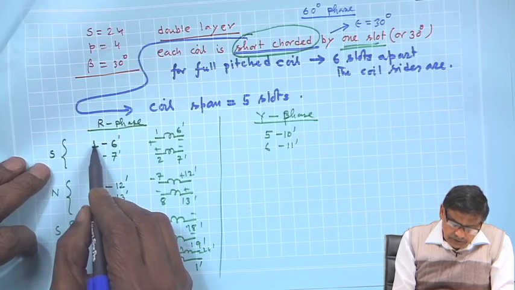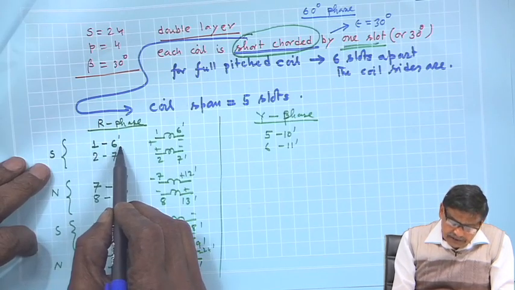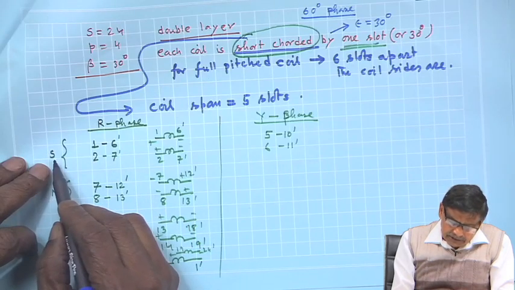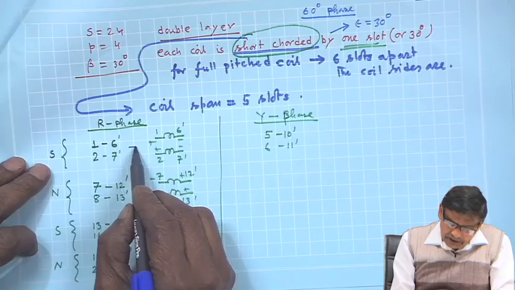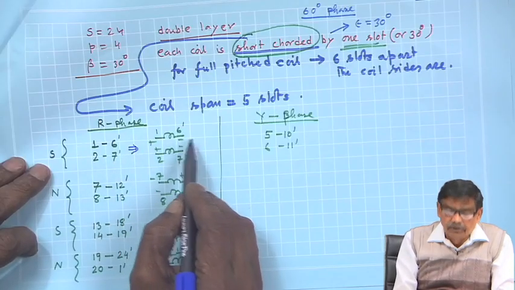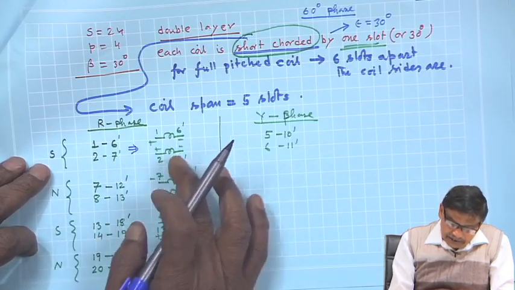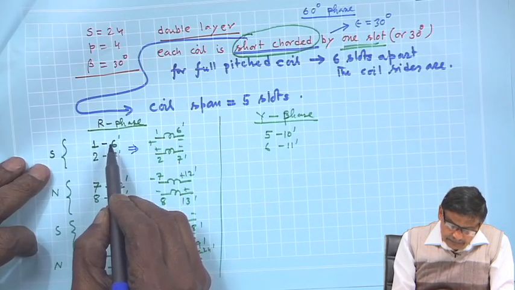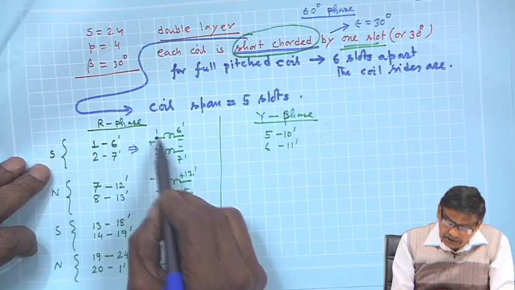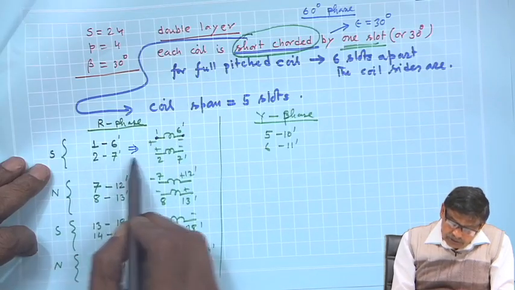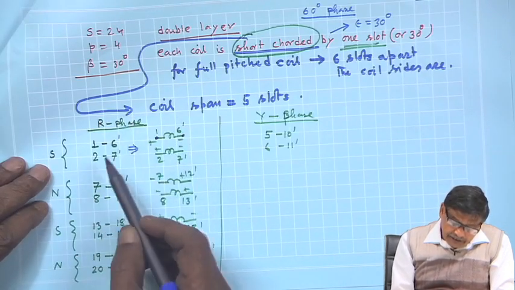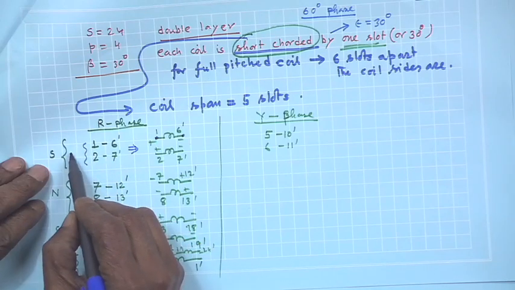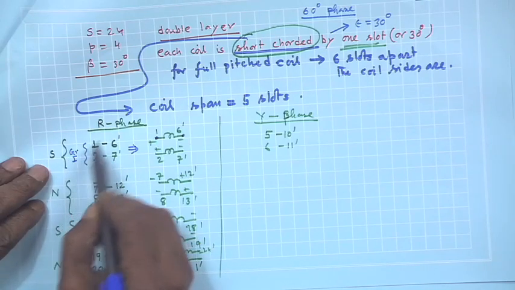So, first 2 slots: 1 to 6 dashed and then 2 to 7 dashed, and this is suppose under south pole, and the corresponding representation in terms of coil. It makes sense to represent it like this, because between 1 and 6 dashed there is a coil with two terminals 1 and 6 dashed. So, 2 to 7 dashed. This is one group, group 1 of R phase.